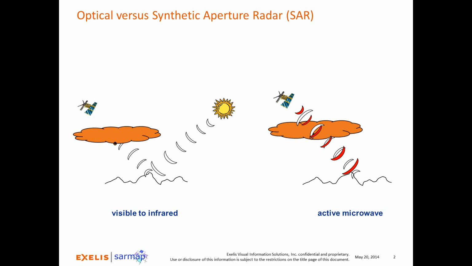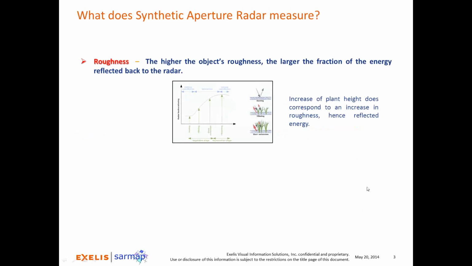And we know that this can be very important for agriculture. Agriculture is something that is changing very quickly with time, and so we need to pick the data at the right time when we need them. And so this is a particular requirement that can be fulfilled by SAR sensors. But what do we measure with our SAR sensors?